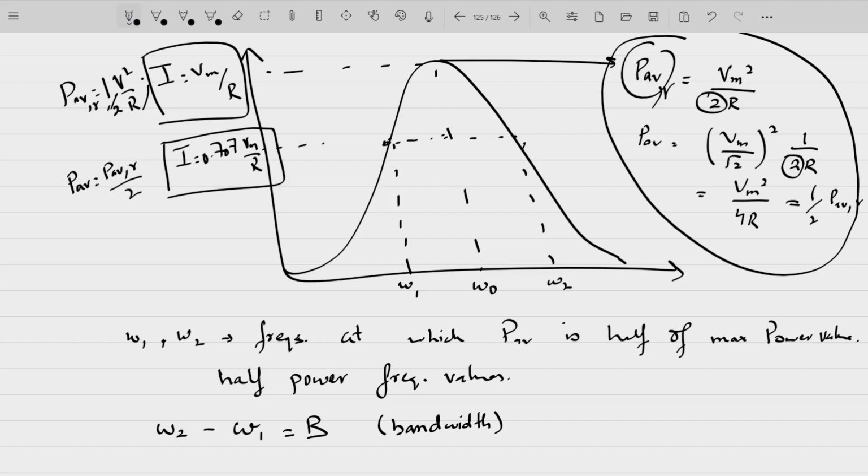That is why these are called half power frequency points, and the difference between these 2 points is simply known as the bandwidth of this particular system.